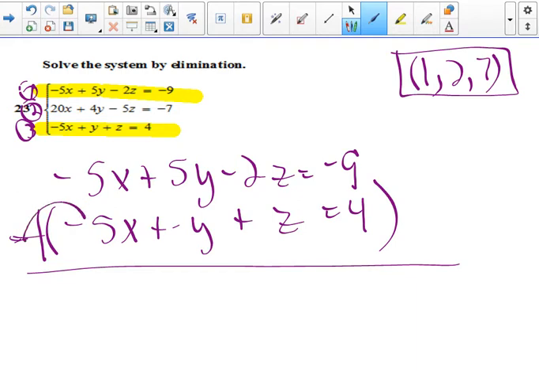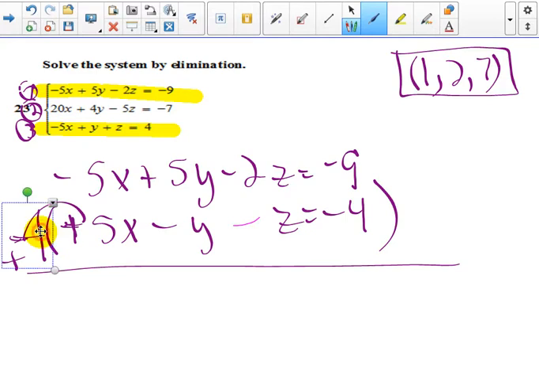So when I do this, and then I will add. So this becomes a positive 5x. This becomes a negative y. This becomes a negative z. And this becomes a negative 4.